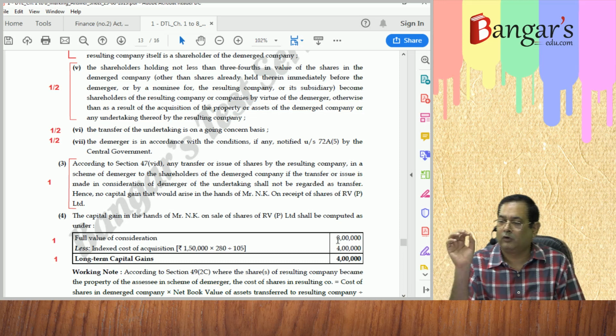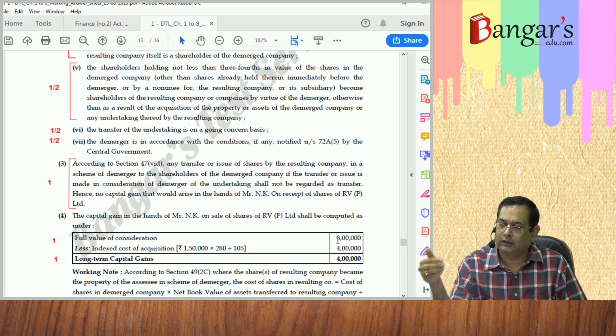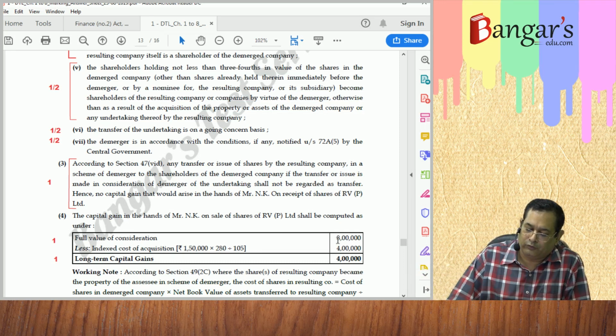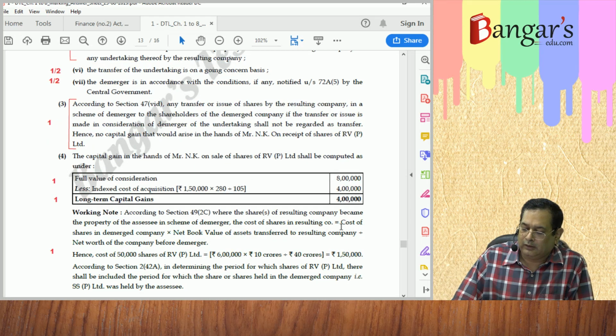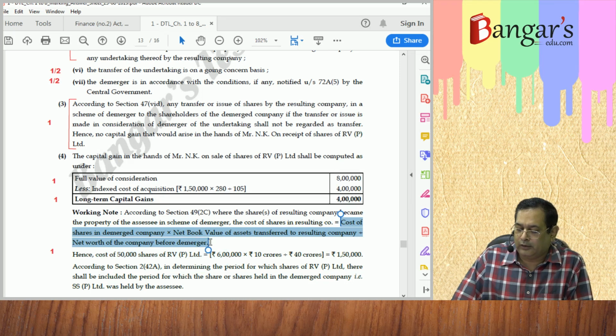Then what is the cost of acquisition of the shares of the resulting company in pursuance of demerger? Basically, the cost of acquisition of the shares of the resulting company will be the cost of shares of the demerged company into the net book value of assets transferred to the resulting company, divided by the net worth of the demerged company before demerger.